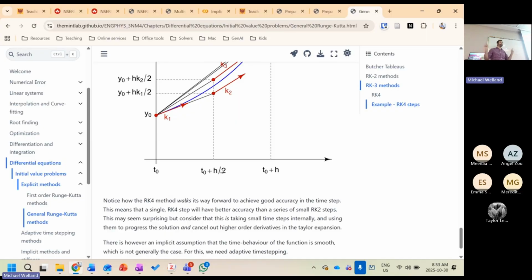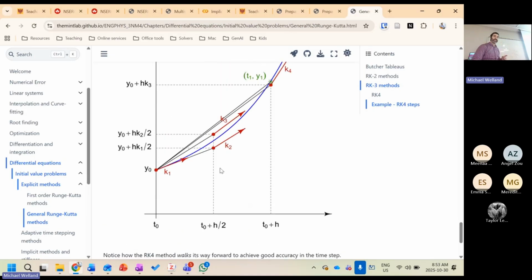There is a hidden assumption in this, that being that this curve is nice and smooth, right? If you have a function that looks like that, this one is actually not so far off from that one, and it's actually not so far off from that one, right? If this is a single time step.